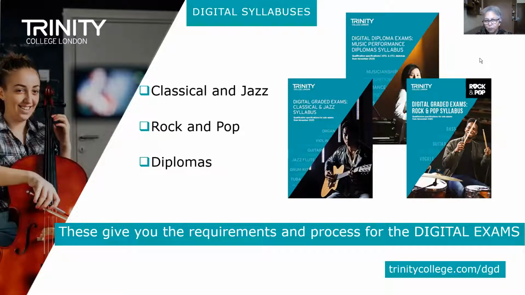A word before we go any further about syllabuses. I have found there is a lot of confusion about the digital syllabus. A lot of people think that this syllabus that you're seeing on your screen will also contain the requirements for the different grades. But no, this is the digital syllabus and gives you the requirements and the process for the exam.